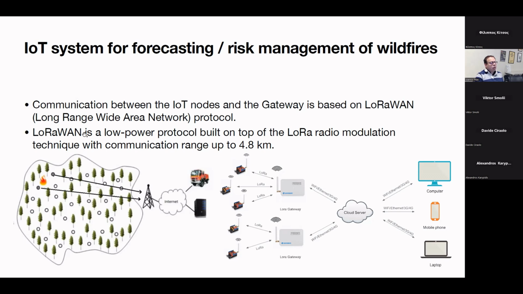And the LoRaWAN is a protocol which is a low-power protocol built on top of the LoRa radio modulation techniques. And it provides a communication range up to 4.8 kilometers. Of course, this depends on the geography, but these are the specifications.